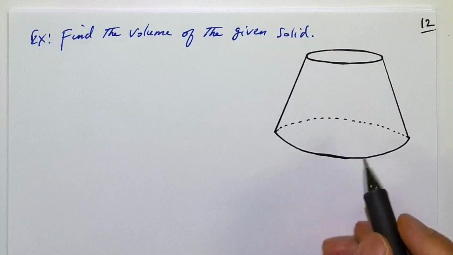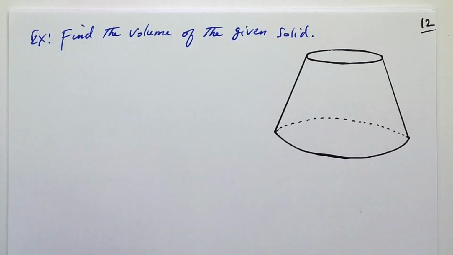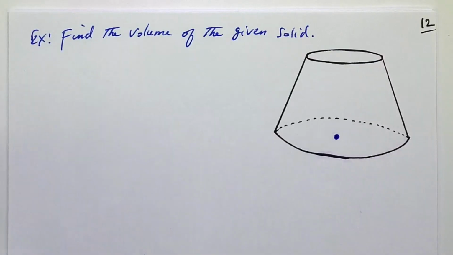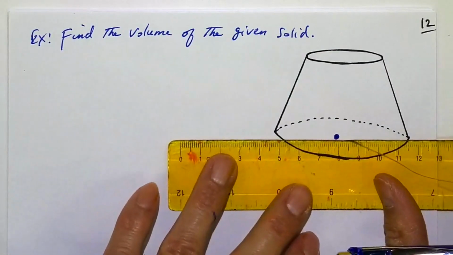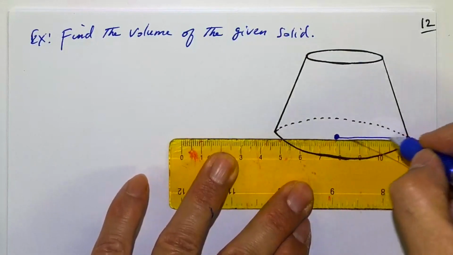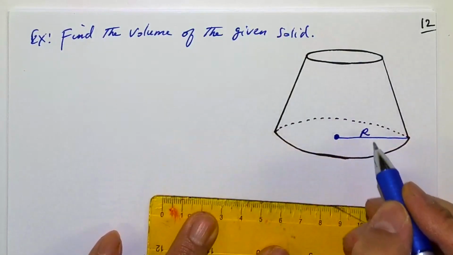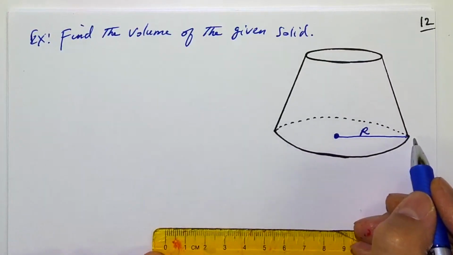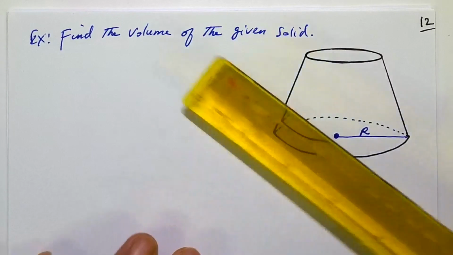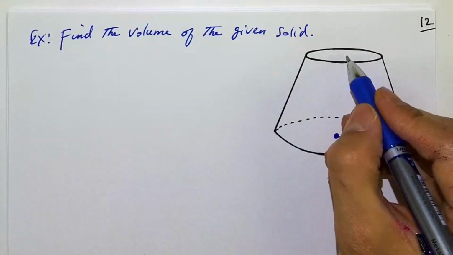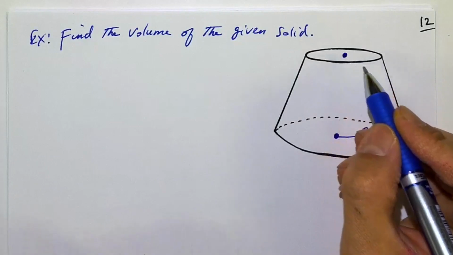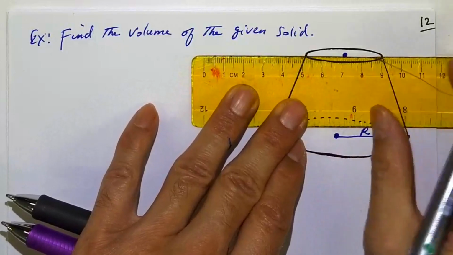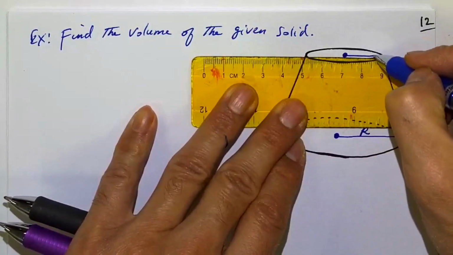From the center of this circle, the radius of the circle at the base is given to us as capital R. So that's the radius of that. And this one is given to us as lowercase r.